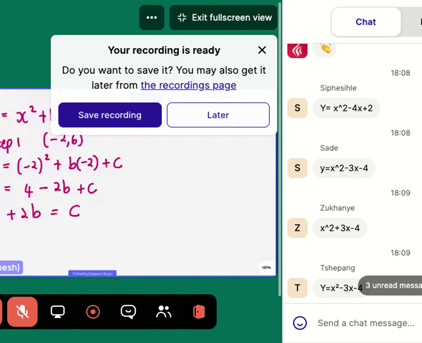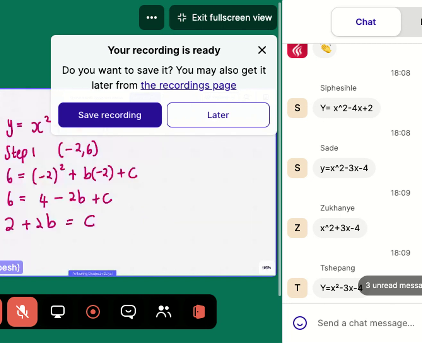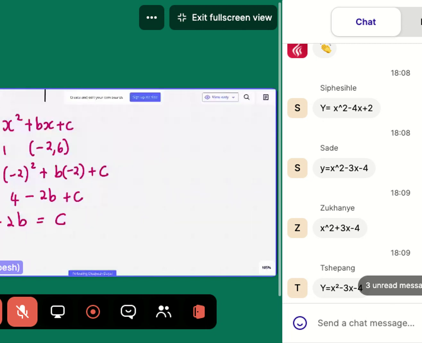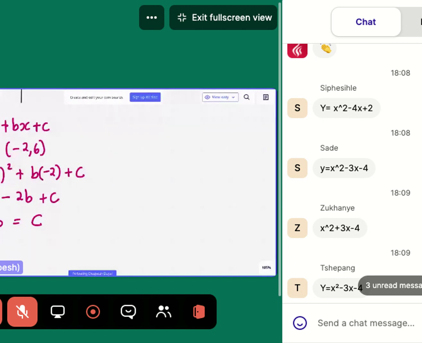Step 2, I'm going to plug in the other point. What was the other point? The other point was 5 and 6. So step 2, plug in 5 and 6. Let's move this here. I'm going to write in a different color.